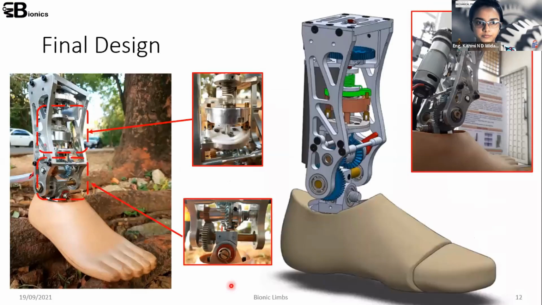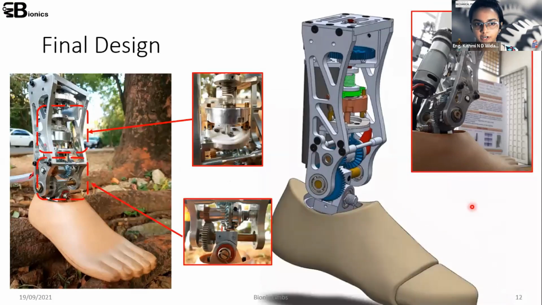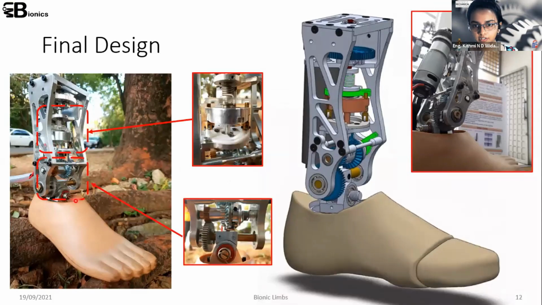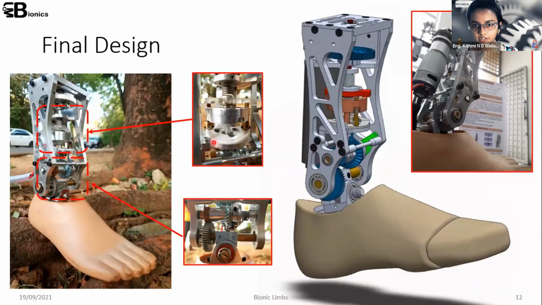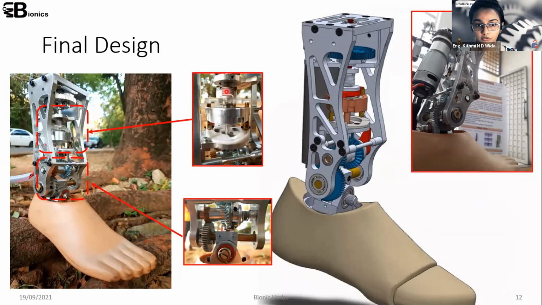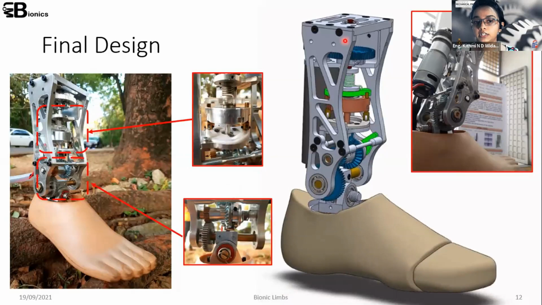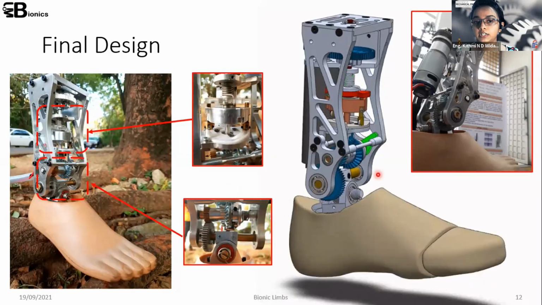Yes, so actually this is our final design. You can see the design. We have the locking mechanisms, and here we have the plantar flexion spring, and we have the dorsiflexion spring here. And this is how our device works when we actuate it with the motor.